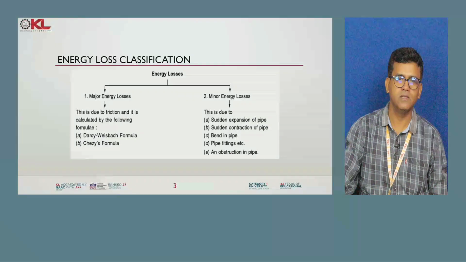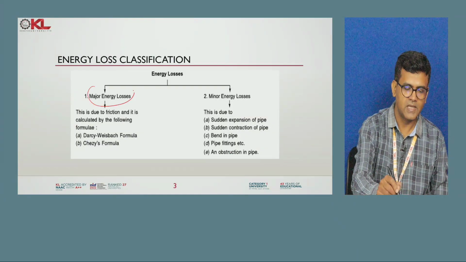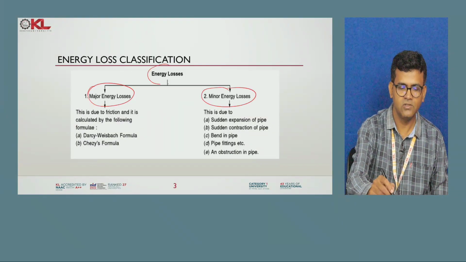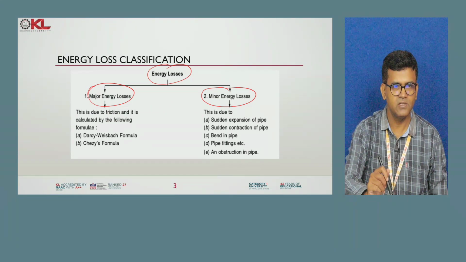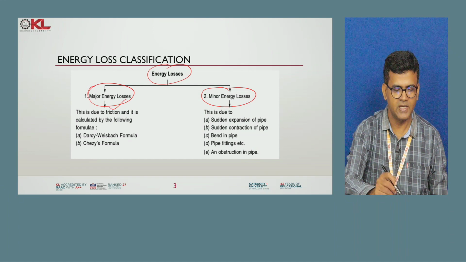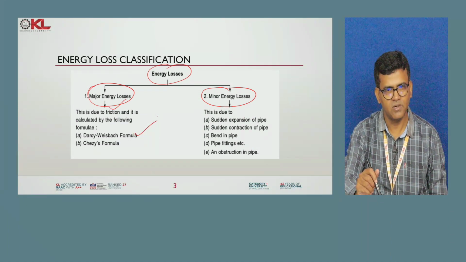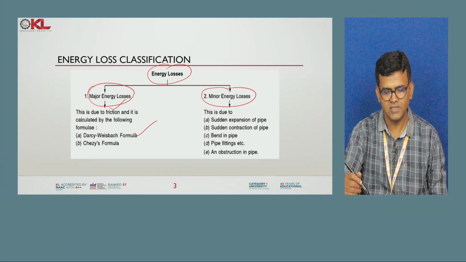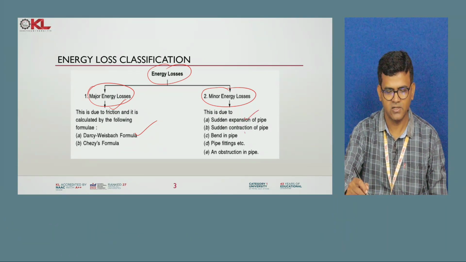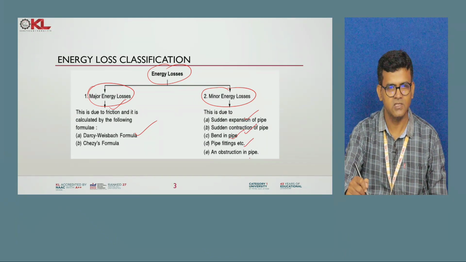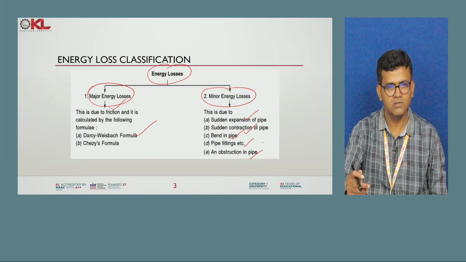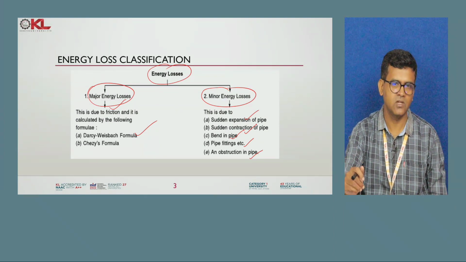Here you can see major loss and minor loss. The energy loss is categorized into two losses, major and minor losses. Major loss is due to the friction, and it can be computed using the Darcy-Weisbach formula, while the minor losses are because of various reasons like sudden expansion, sudden contraction, bends in the pipes, pipe fittings, obstructions in the pipeline, and also at the entrance and at the exit of the pipe.